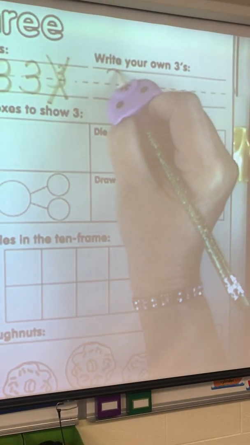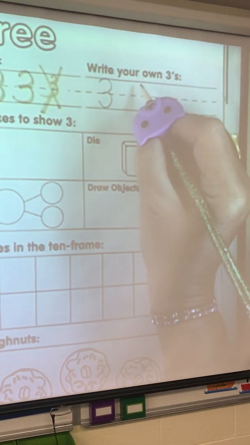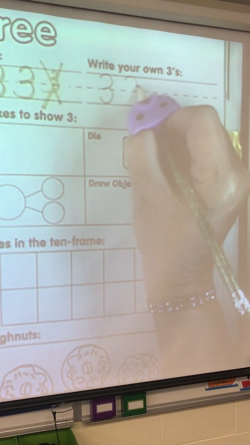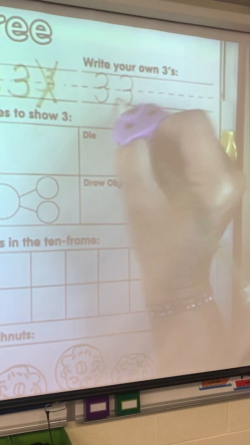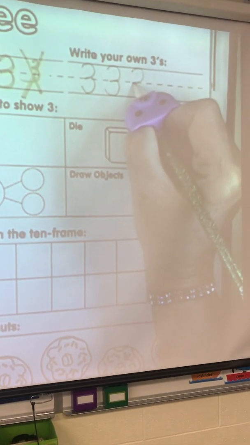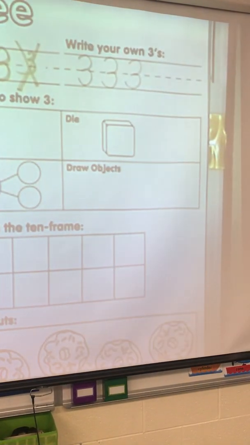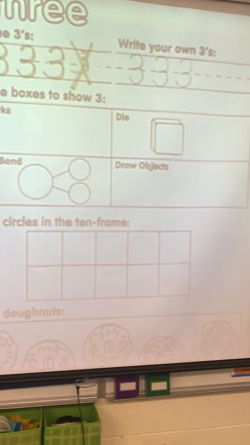Ready? 2 humps sideways and that's a 3. Make another 3. Make sure you're touching the top line, the dotted line, and the bottom line. I'm trusting you to do that.